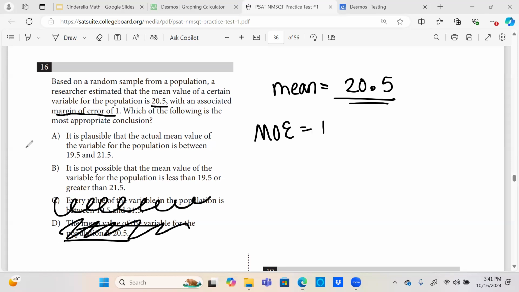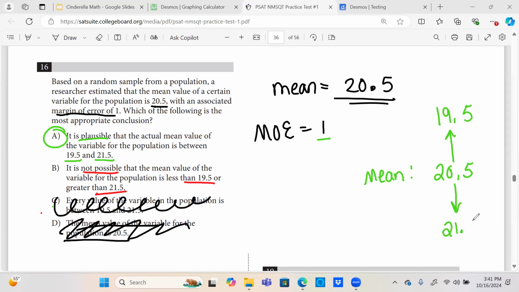And then B says it's not possible that the mean is less than 19.5 or greater than 21.5. And then A says it is plausible that the mean is between 19.5 and 21.5. It is A, because they computed the mean to be 20.5 and the margin of error being 1 means it could go down 1 to 19.5 or it could go up 1 to 21.5.